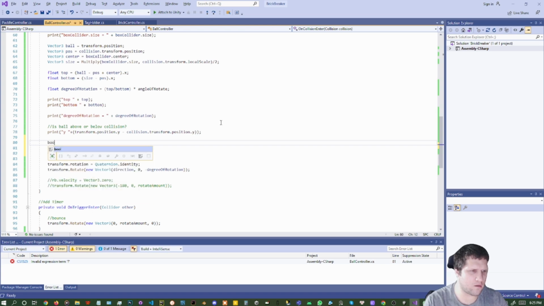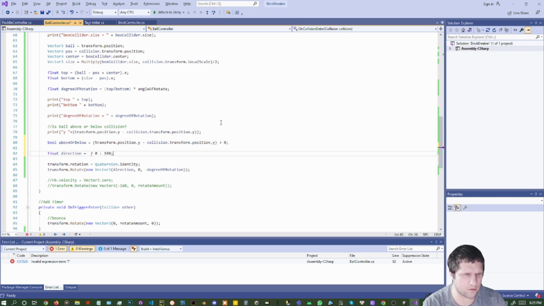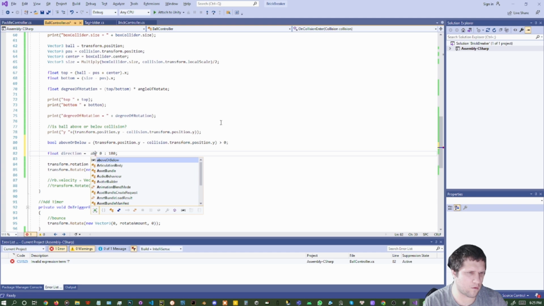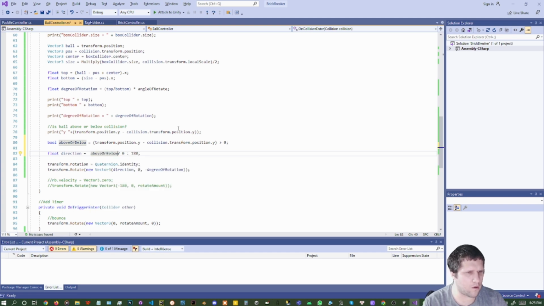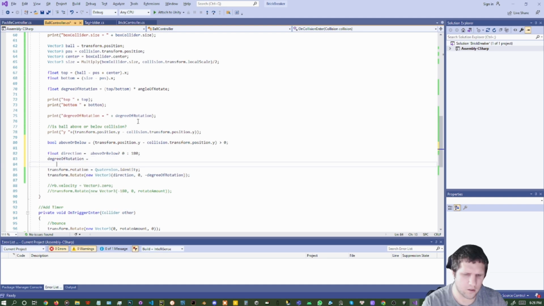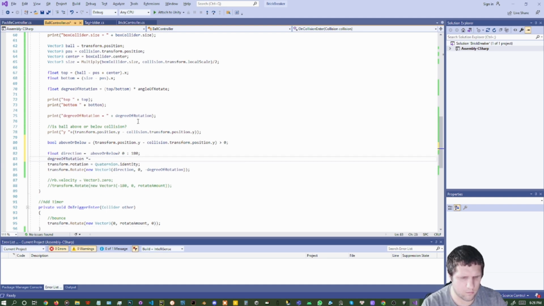What if we say bool above or below equals above or below, and then let's say that our degree of rotation multiplied equal to above or below negative 1 else negative 1.